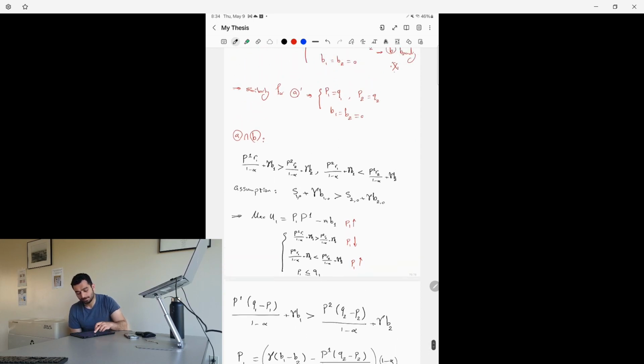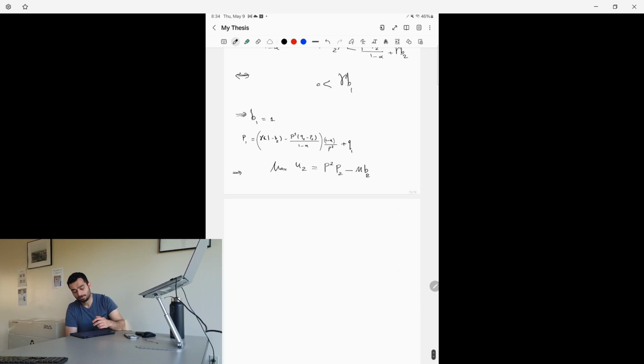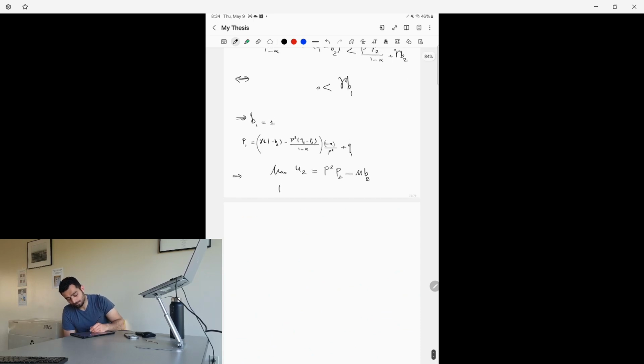Well, these constraints are already addressed, so we want P2 to be high. We set P2 as Q2, but B2 to be low. We set B2 as 0.